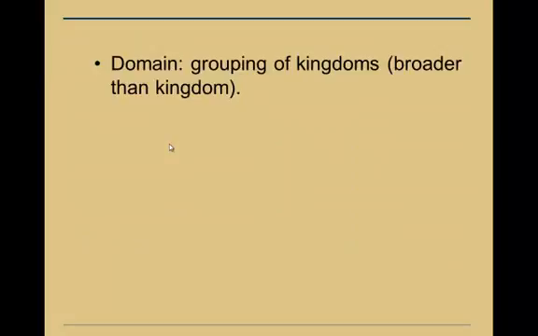Okay. For now, we want to tell you about one of the latest categories of taxonomy, and this is the domain. It used to be the kingdom was the highest grouping, the broadest grouping, and now it's domain. And so domain is a grouping of kingdoms. A domain is a classification grouping or a taxon that's broader than kingdom.